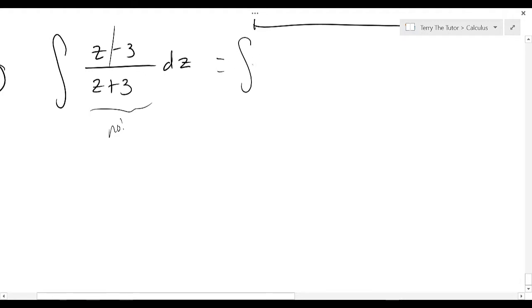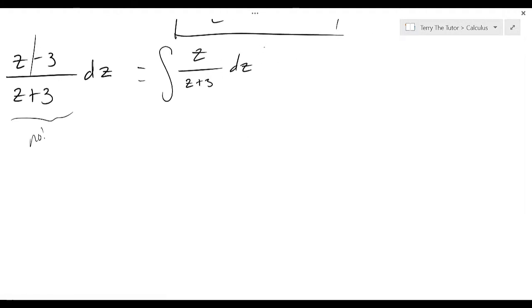So we've got the integral of z over z plus 3 dz minus the integral of 3 over z plus 3 dz. Okay, that's not too bad.